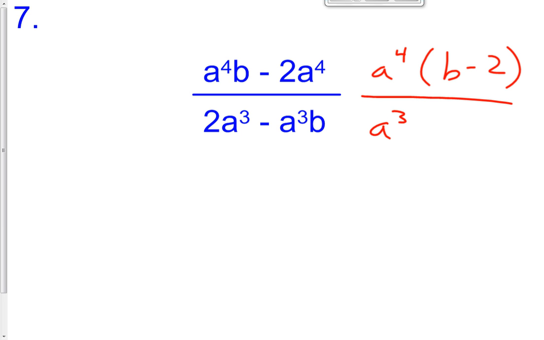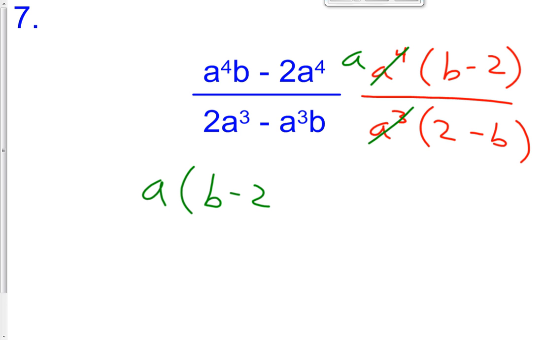And then you are left with a 2 and a minus b. So now when we reduce this one, a to the 4th divided by a cubed is a to the 1st. So in the numerator, you have a times b minus 2. And in the denominator, you have 2 minus b.